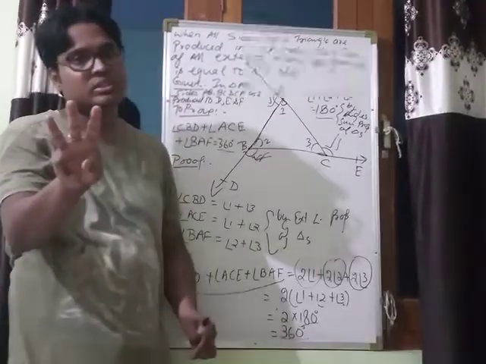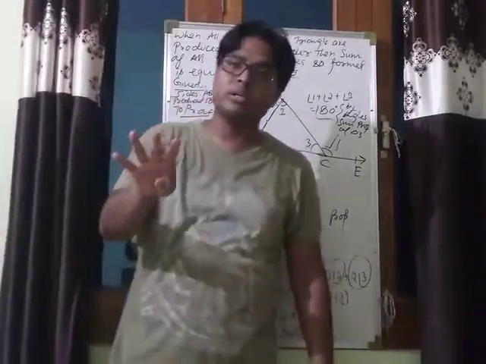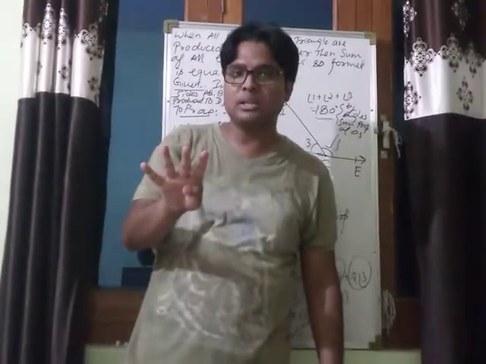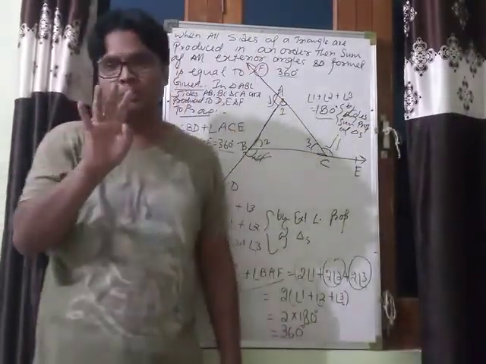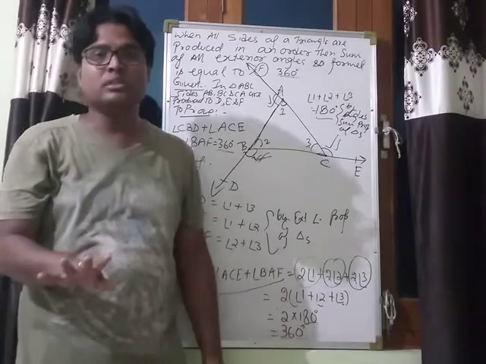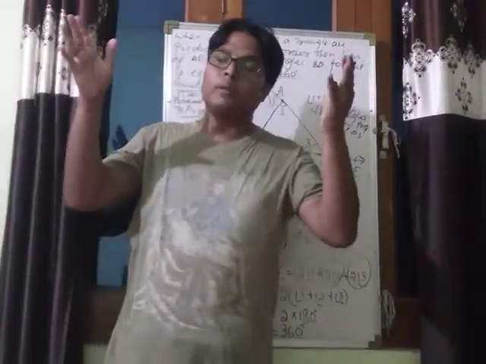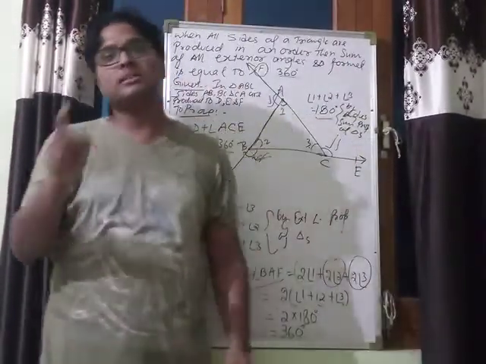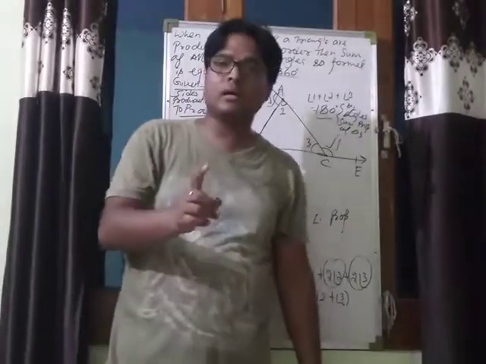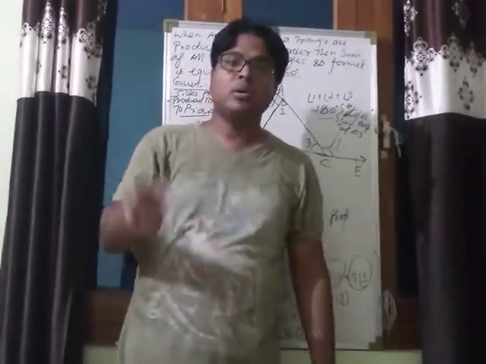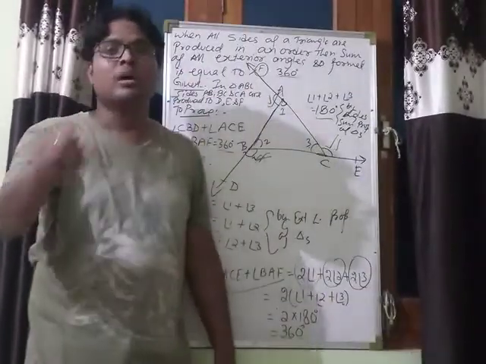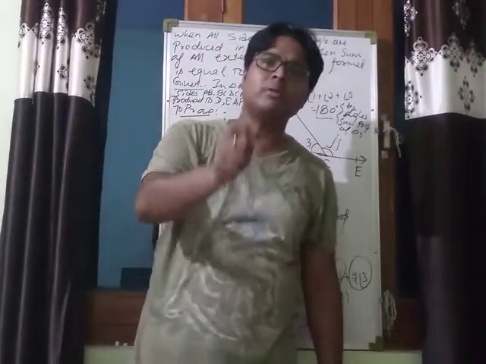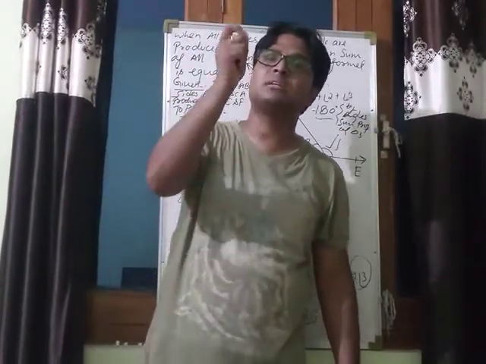In this case, 3 exterior angles form. For a quadrilateral, there will be 4 exterior angles. For a pentagon, there will be 5 exterior angles. A polygon having 1 lakh sides has 1 lakh exterior angles. When we add them, the result will always be equal to 360 degrees.